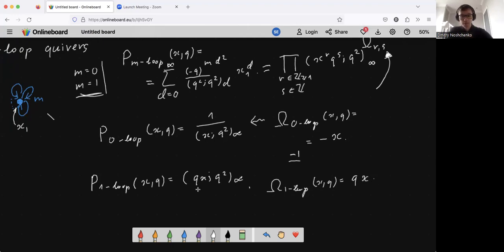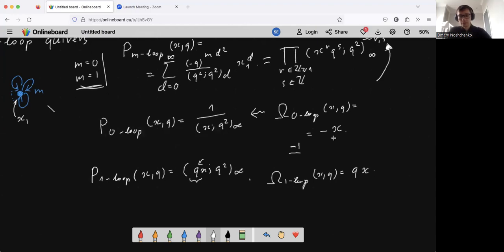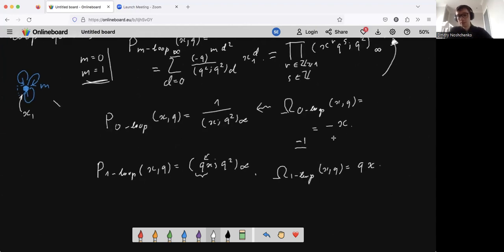And this q is essentially the coefficient of x inside this q-Pochhammer. So the numerical DT invariant equals 1, but also since these DT invariants are coefficients in front of x's inside this generating series, they are in fact some functions of q. In fact, they're polynomials.